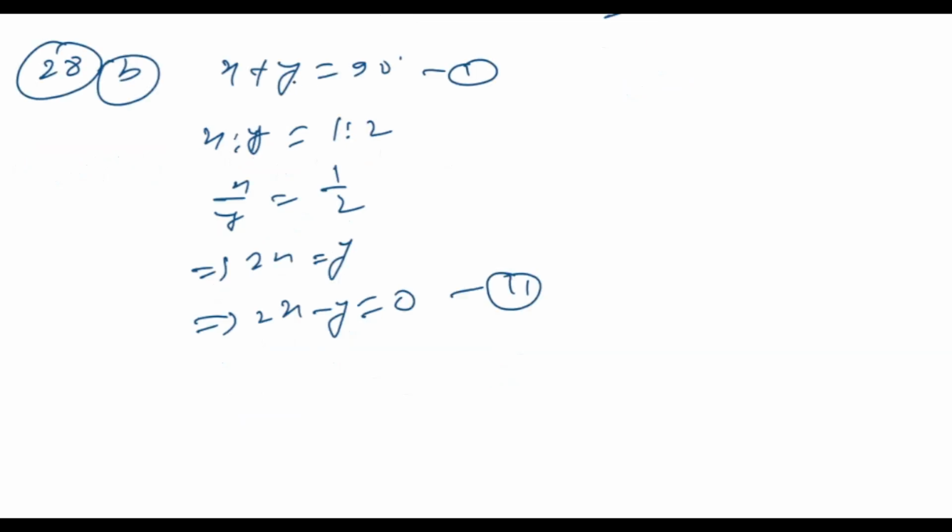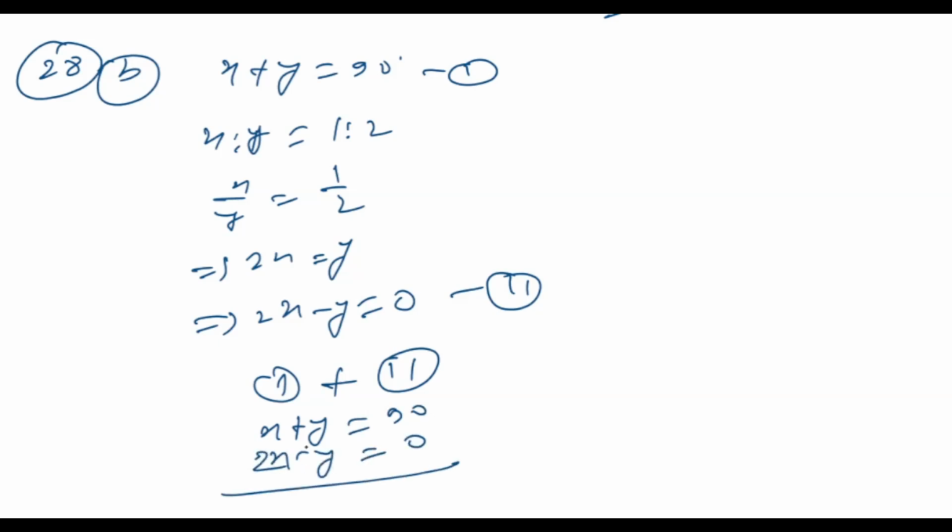Here you can see the coefficient of y is the same, that is 1, but the sign is different, so we can add both the equations. It will eliminate y. Adding equation first and second, x plus y is equals to 90, 2x minus y is equals to 0.